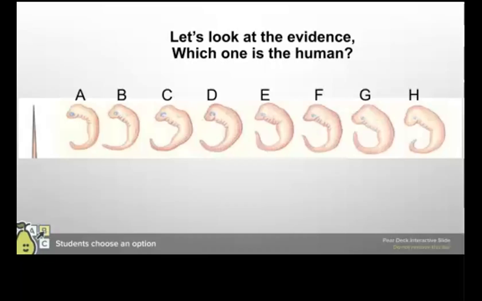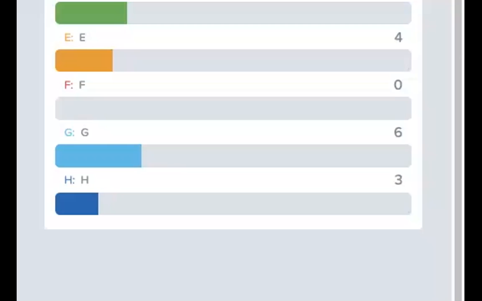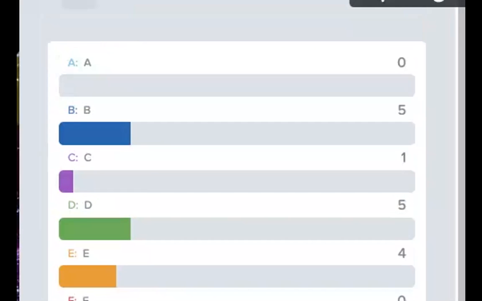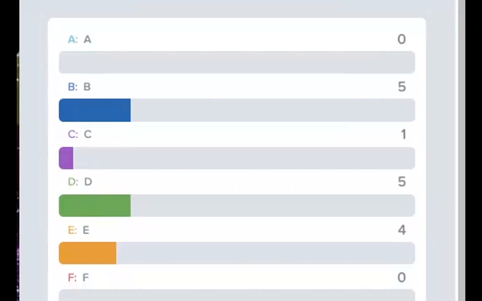Okay, so let me show you what you guys came up with. All right. Nobody picked A. Nobody picked F. Let me expand this real quick. There we go. It looks like, oh, you guys are changing now.